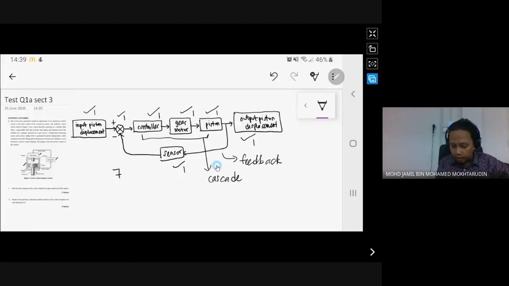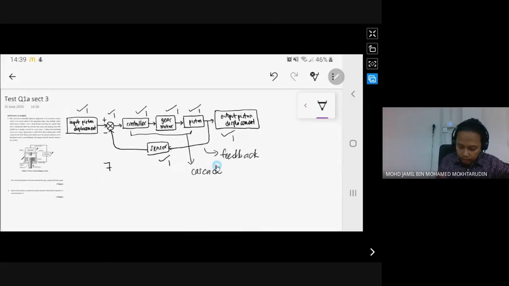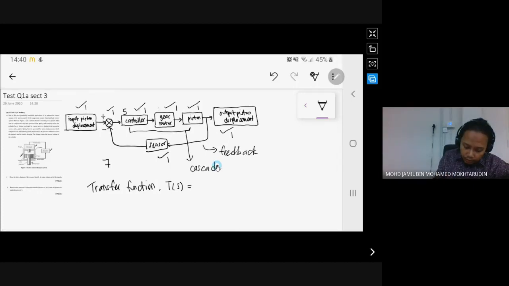So maybe you can write the answer by saying that the transfer function, maybe you put T(s) equals. So the question says each subsystem equals 5, meaning that each of these blocks has value 5.